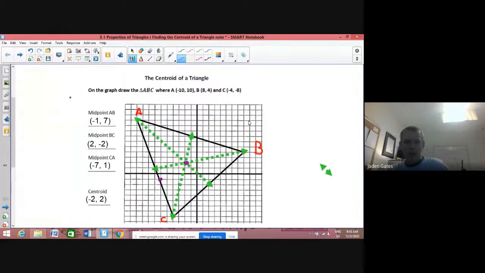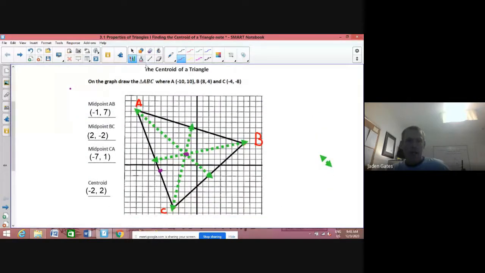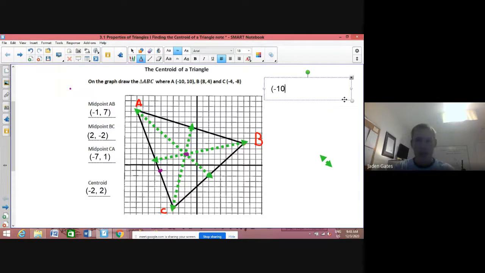All right. And so if I do that formula, instead of doing all this diagram, check this out. So the x-coordinate, we would have, let's see, -10, that's for A, plus 8, plus -4. And then we have to divide that by 3.